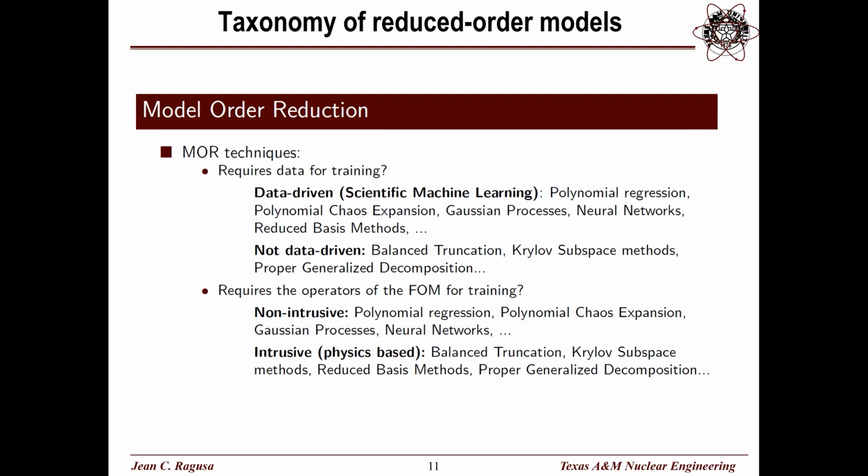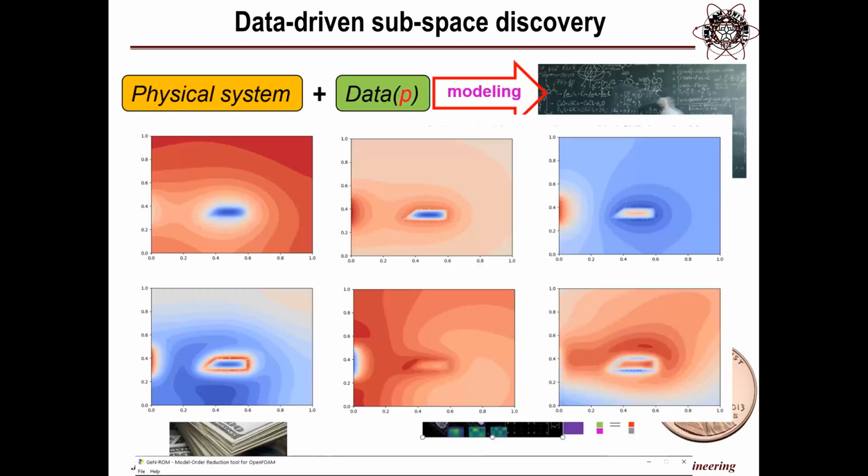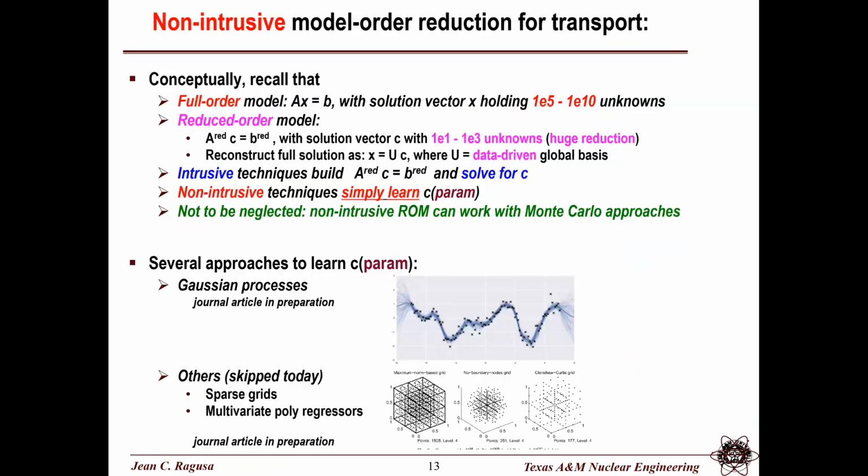And in the essence of time, I won't go into those details because those are more model order reduction techniques. But the key message is that we use reduced order models as simulation engines, and they can reach quite competitive computational time.